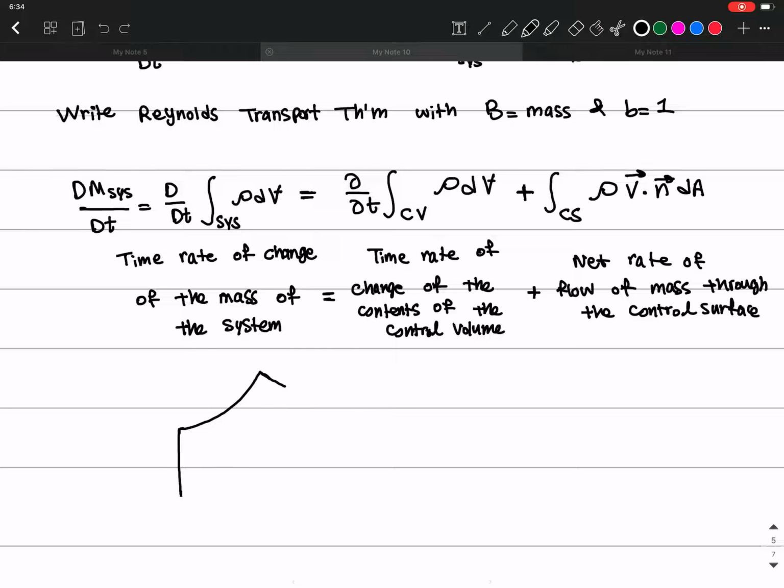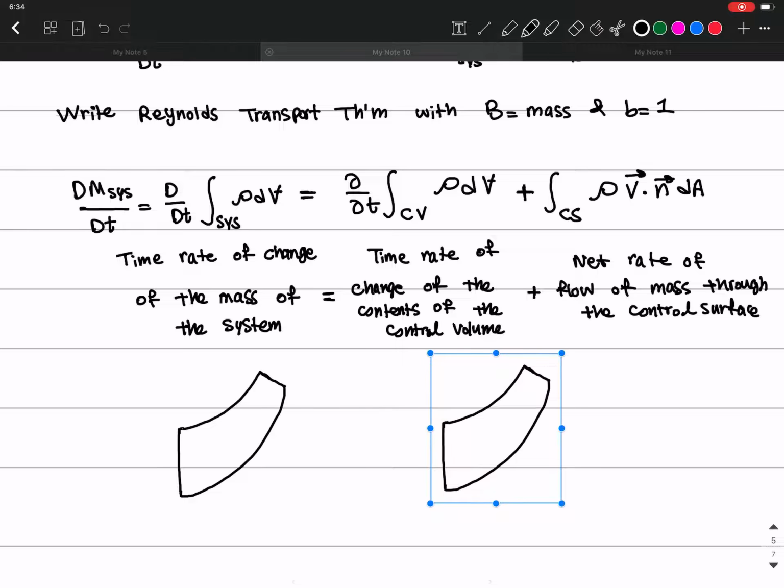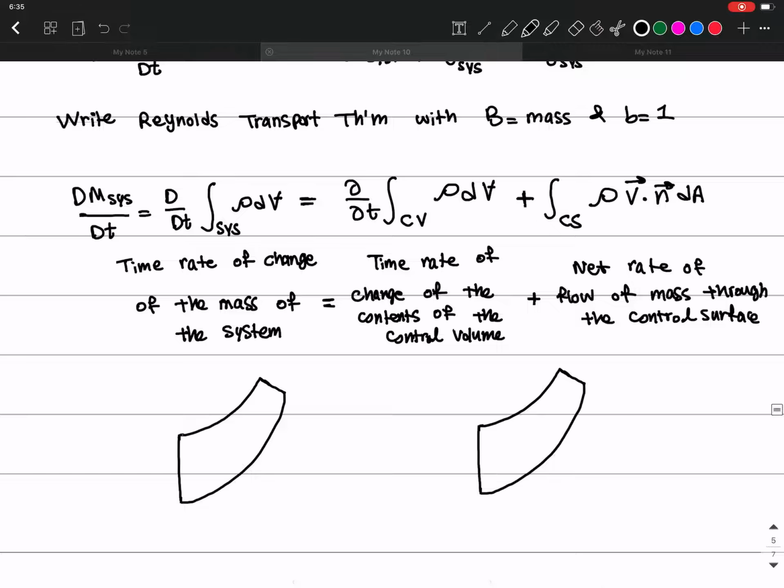So say we have a control volume like this. Okay, and I want to plot this at two times. So one at time t. So this is time t. And the other one is at time t plus delta t. Okay?